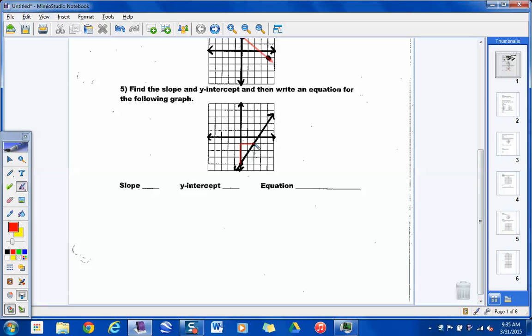Positive. It's uphill, right? Work left to right. How about my rise in this, guys? 3, and your run? So I can call my slope 3 over what? How about your y-intercept? Where's it cross the y-axis? What is this value right here?